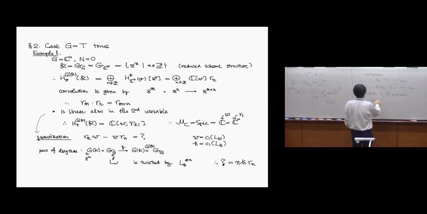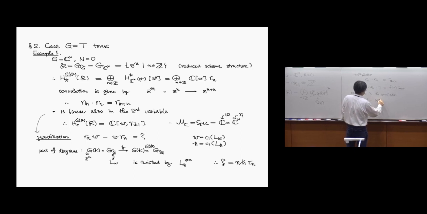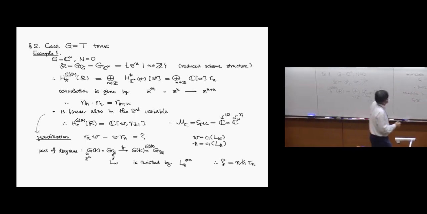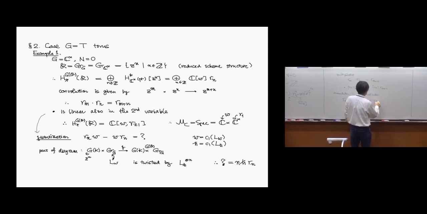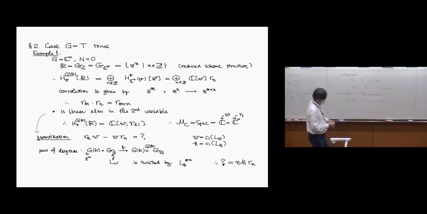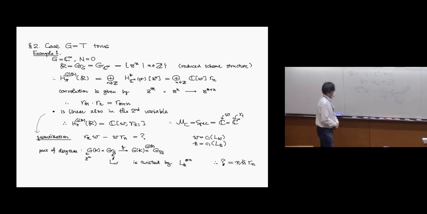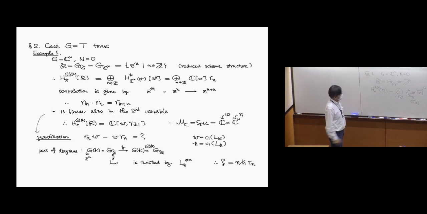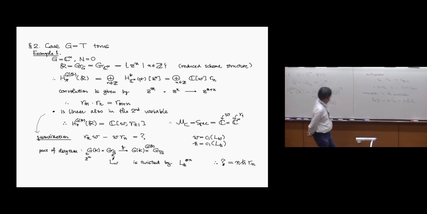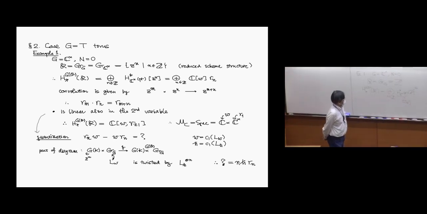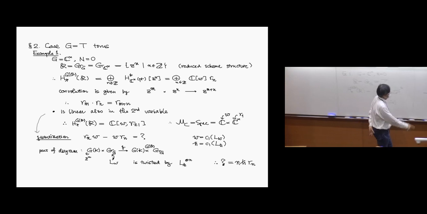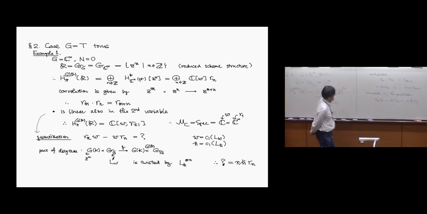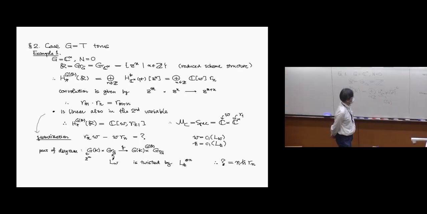But the formula is, I think, this. This seems to be the most natural commutator: n times h bar times Rn. So in particular, if you make h bar equal to 0, then it becomes 0. So it means that this multiplication is also linear with respect to the second variable.